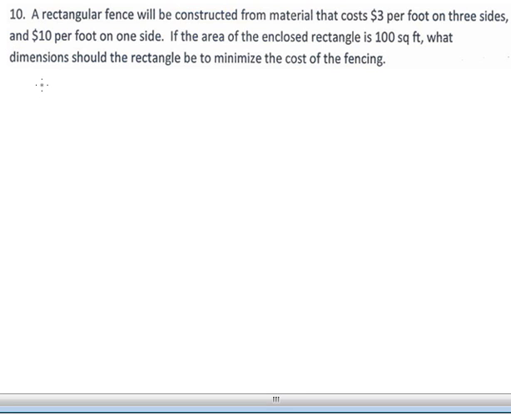So let's draw a picture of that. Alright, let's label these two opposite sides x, and let's label these two sides y. Okay, and we have the area enclosed is 100 square feet, so that means xy is equal to 100.